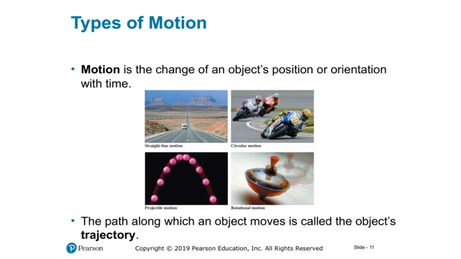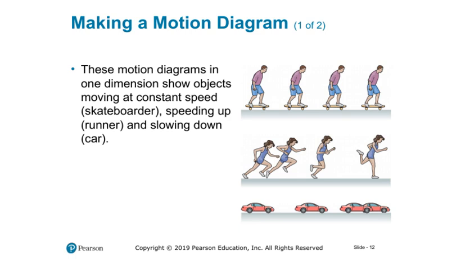This here would be a 1D straight line motion. This here would be a circular motion. Projectile, these would be 2D motions, and rotational motion. I will touch base on this a little bit, but those are the types of motions you'll be seeing.